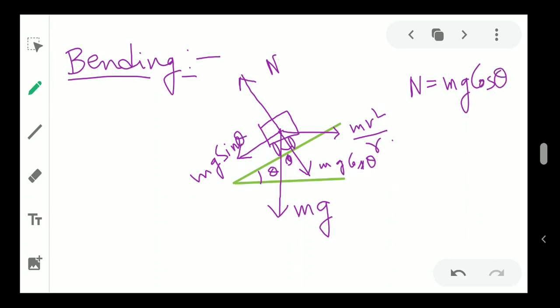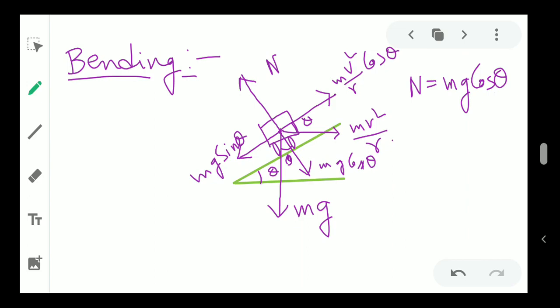Now if I don't take the consideration of friction, then only mg sin theta is counteracting mv square by r, but we have to take this component. If this is theta, this will again be theta, which you can also do geometrically, so this will be mv square by r cos theta.